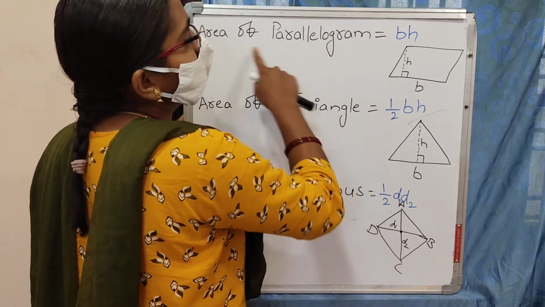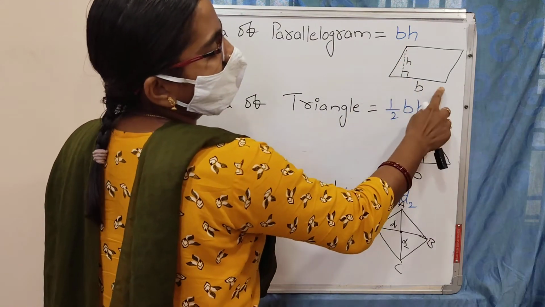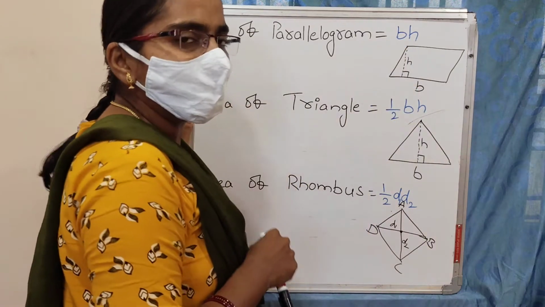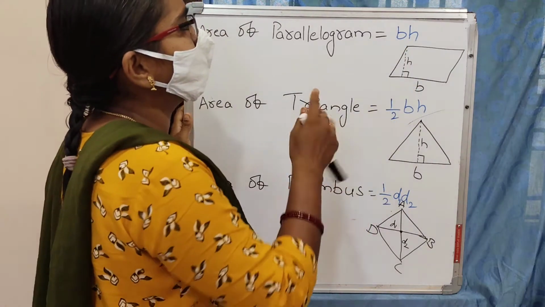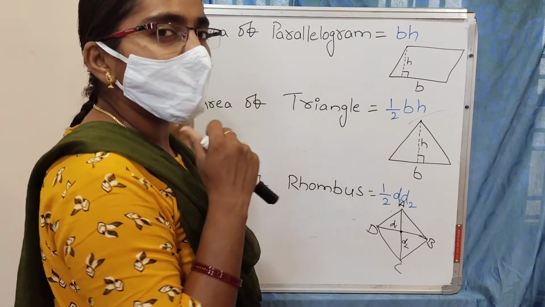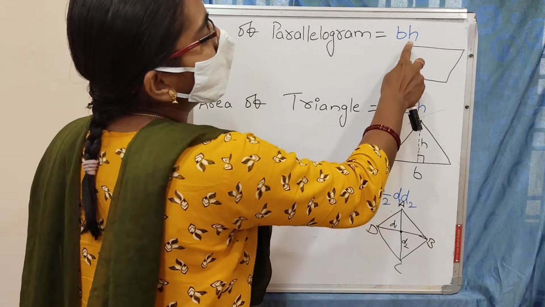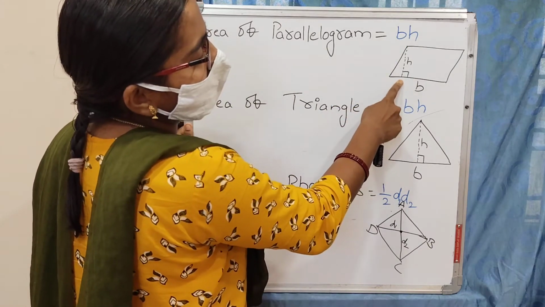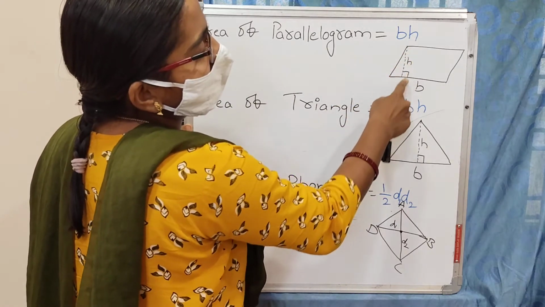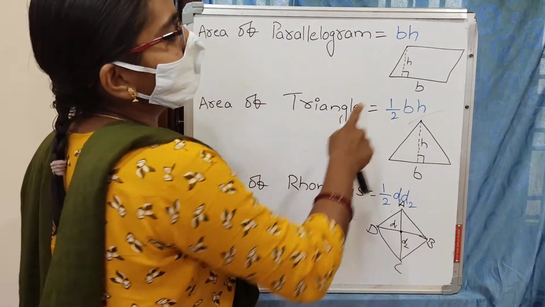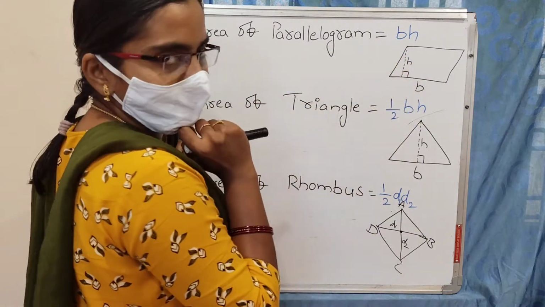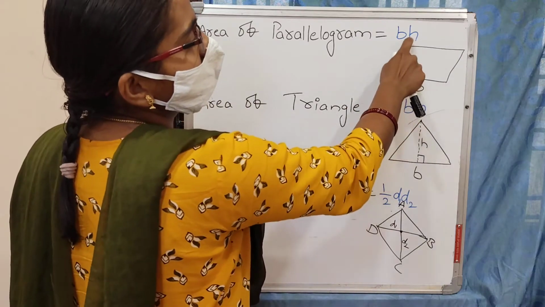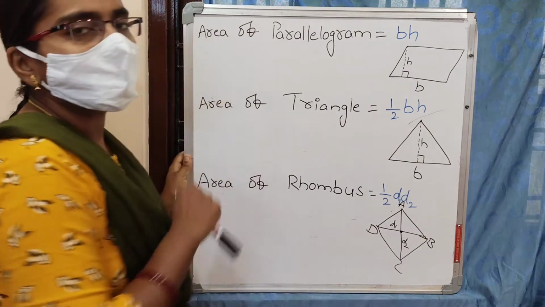Its area is B into H, where B is the base of the parallelogram and H is the height. For any shape, we have to take its height as the perpendicular line only. From the opposite vertex, the length of the perpendicular line drawn to the base is called its height. So the area of a parallelogram is base into height. We have to point out the height, and only then can we know its area.